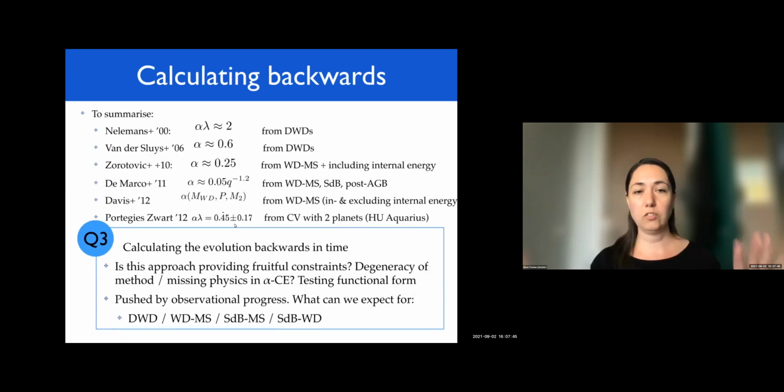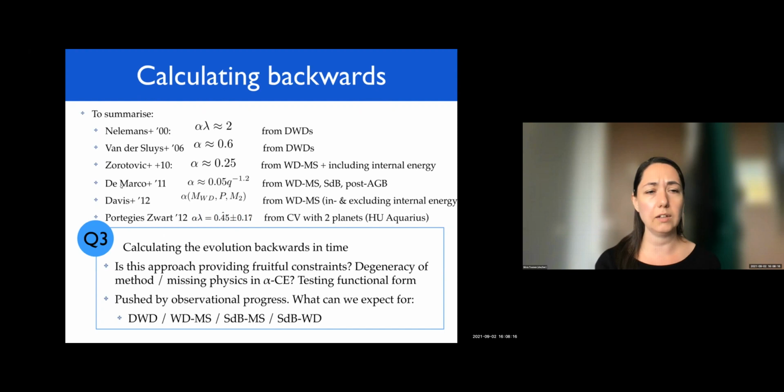Now, if I just summarize the studies that I found so far that constrain common envelope evolution in this way, that try to put a value on it, I found these 6 papers. And the one thing that immediately strikes me when I look at this is, are these results discrepant from one another, or are we just looking at the uncertainty in the method, or is the alpha common envelope prescription just not adequate in describing what happens?